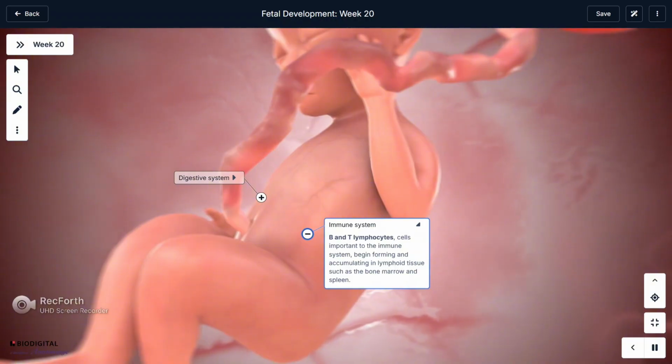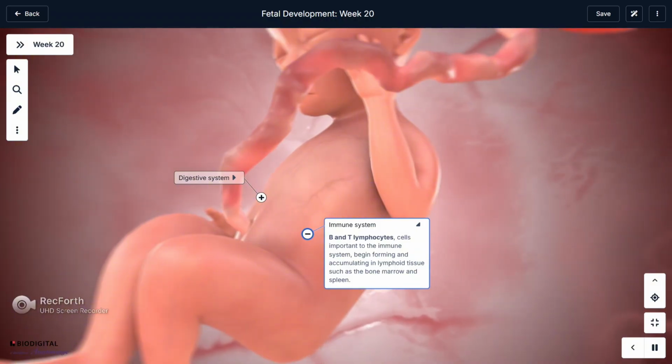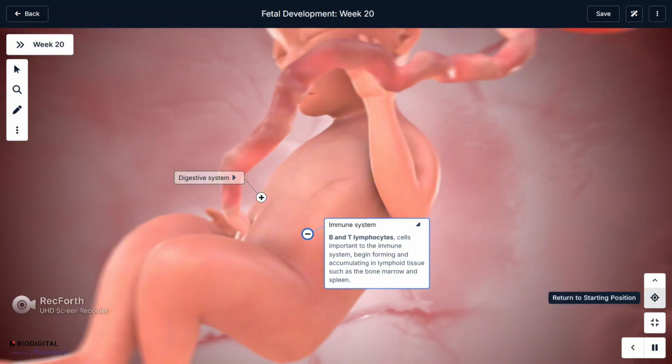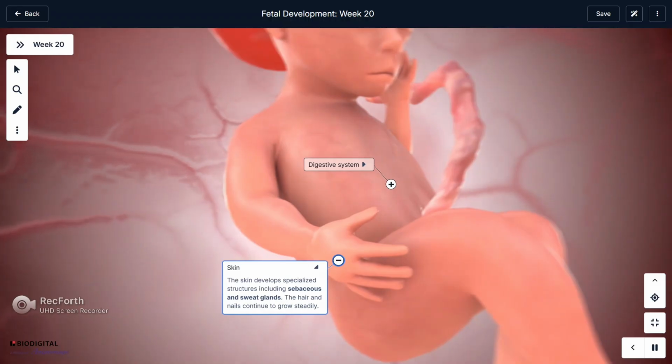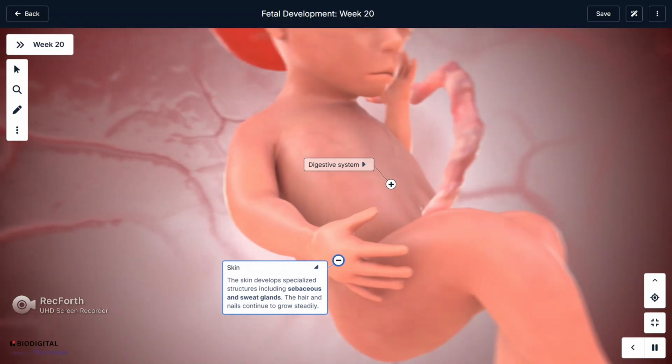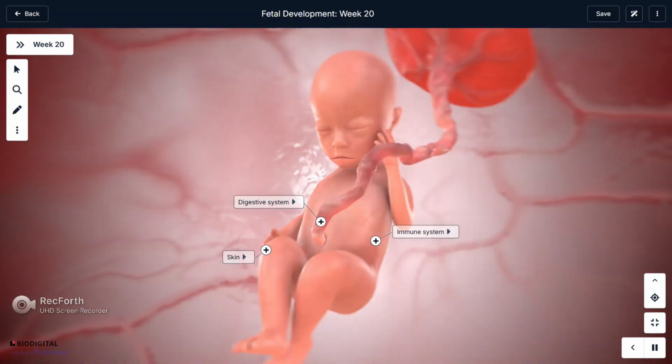B and T lymphocytes, cells important to the immune system, begin forming and accumulating in lymphoid tissue such as the bone marrow and spleen. The skin develops specialized structures including sebaceous and sweat glands. The hair and nails continue to grow steadily. So this is the development of a fetus by week 20.